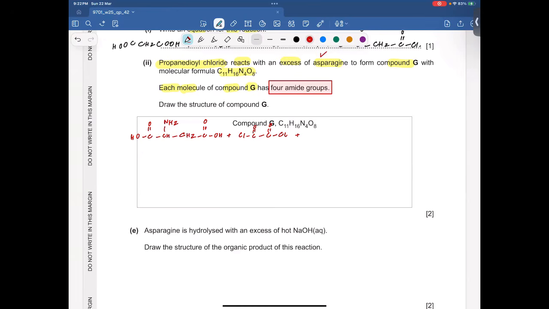So I'm going to write another mole of asparagine because the examiner said we need to use it in excess. CH, NH2, CH2, CO. Oh, my bad. That's not CO. That's CONH2. Okay. This is CONH2.